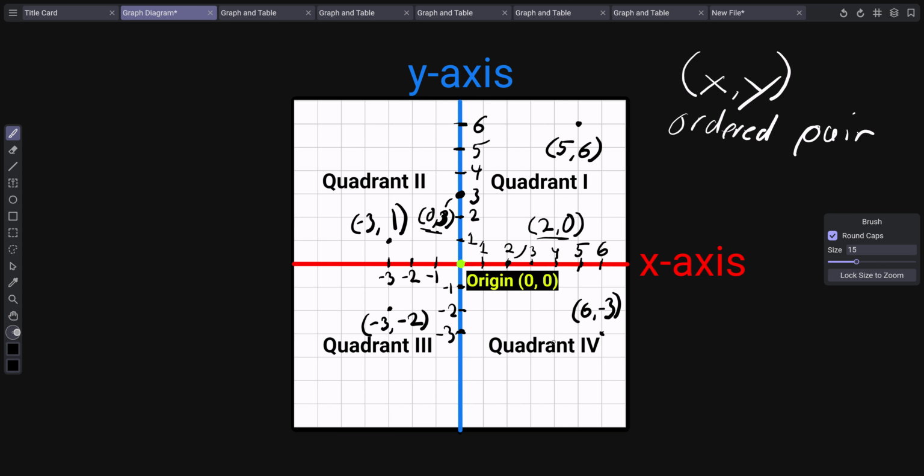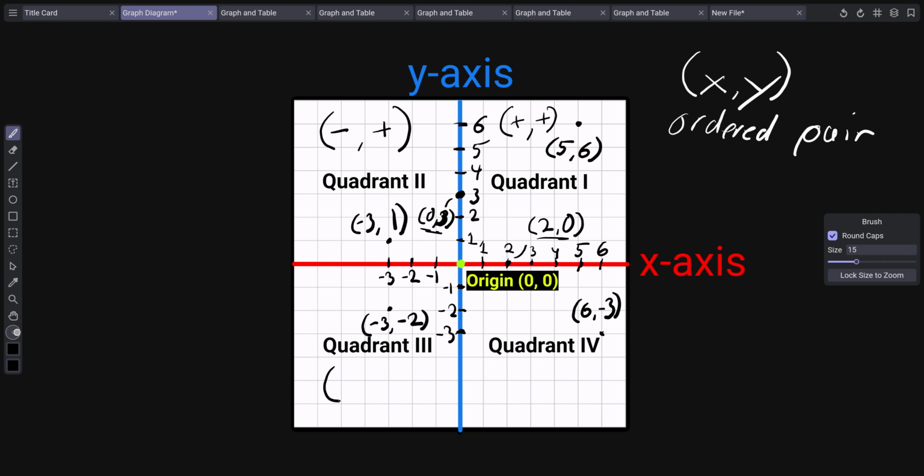So, if this helps you, you could know that in quadrant 1, both x and y are always positive, so it's going to be positive, positive. I meant to say quadrant 1. Quadrant 2 will be negative, positive, because going left will be negative on the x and going up will be positive on the y.